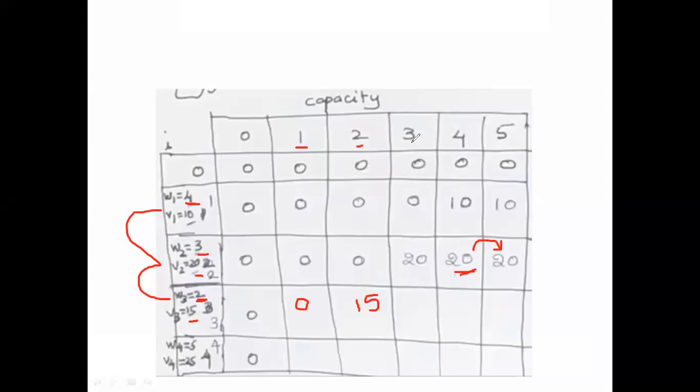Okay. Next, 3 kg bag. We have to fill that weight. At that time you have to consider the previous sub problem also. Here 4 kg, here 3 kg. So 3 is filled for 3, and the value is 20. So that 20 you have to fill here.